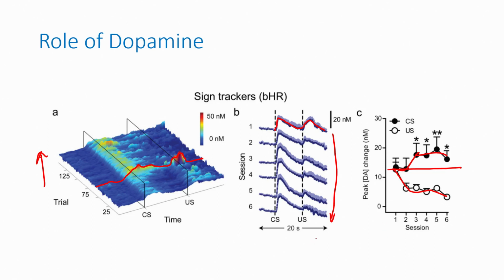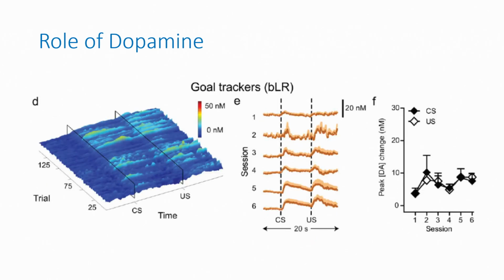Now, what happens when we look at the same kind of measurements in goal trackers? What do we see if you look at the goal trackers here? The goal trackers, on the other hand, have a very different behavior. Look at the US region, right, and the CS region. They develop this amplitude equally for both of them.